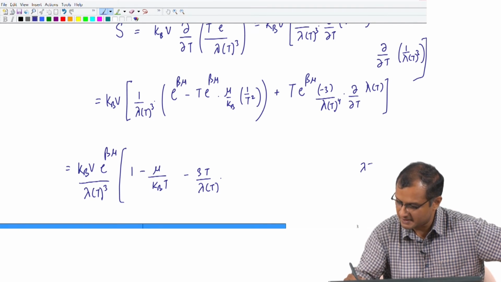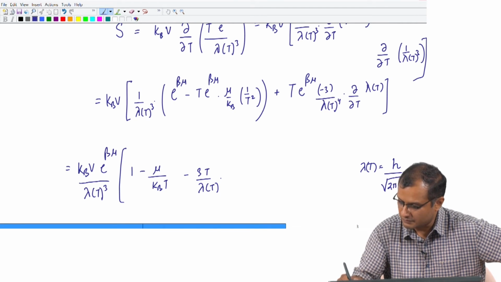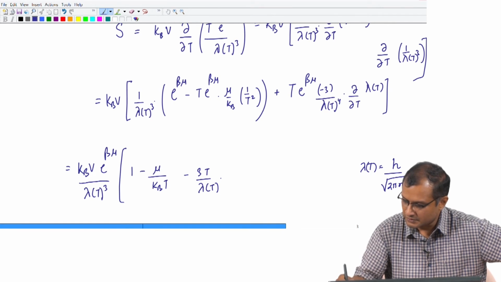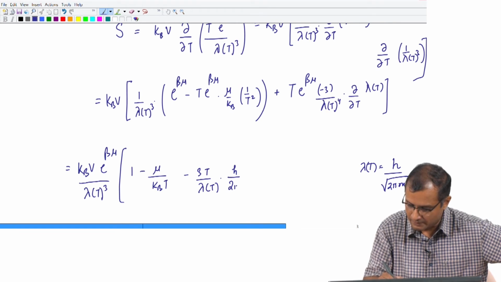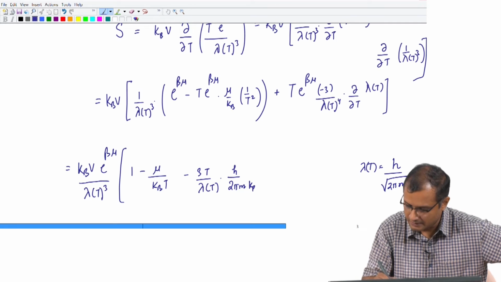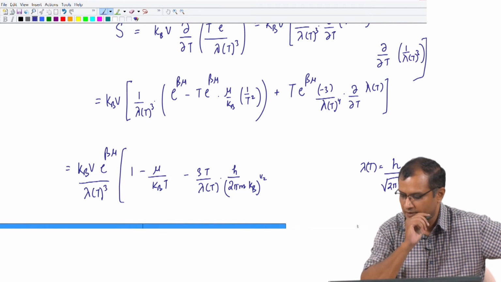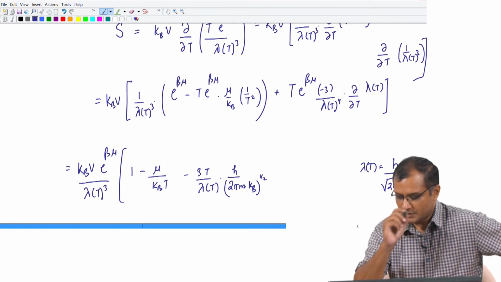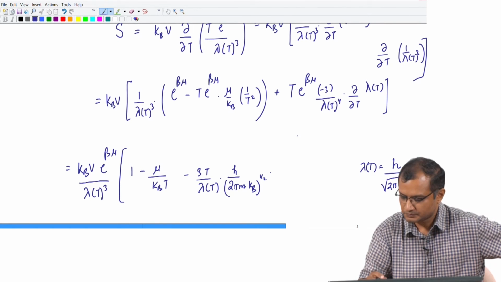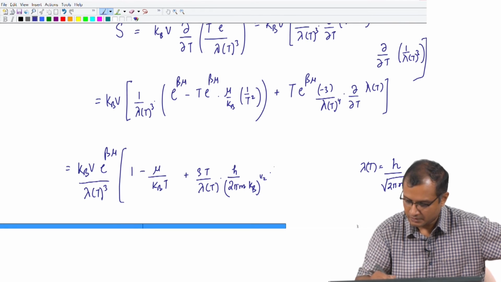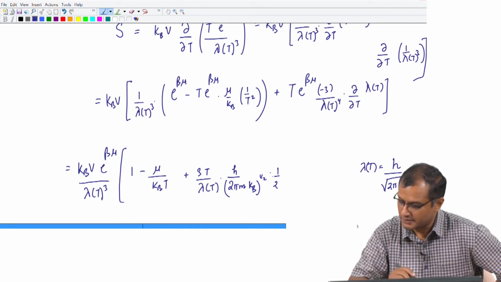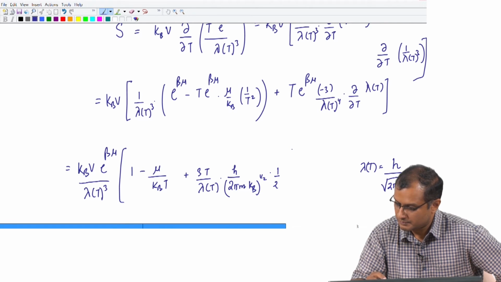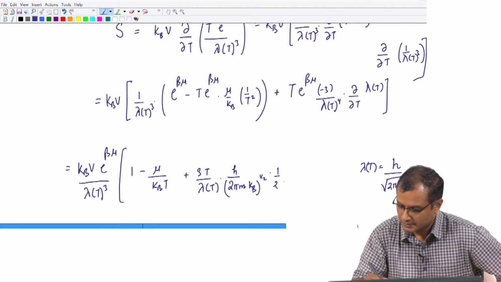Now, lambda T is basically h over the square root of 2 pi m k_B T. So, this would simply be h over 2 pi m k_B, and this would be just 1 upon 2, raised to, T raised to 3 by 2.